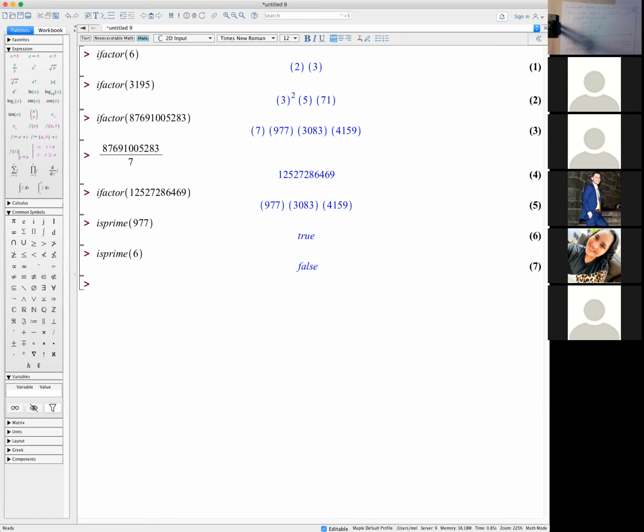You can get Maple for free from the CUNY website. It's a very powerful program. For lots of number theory, you can do lots of problems on Maple that you couldn't possibly do by hand. When I said factor 3195, that you can do by hand.